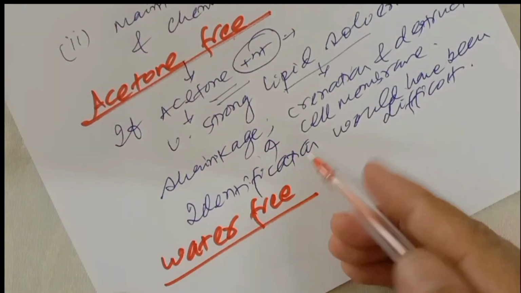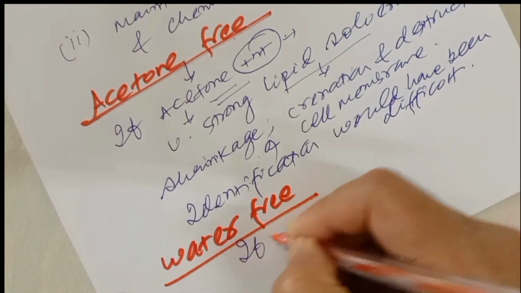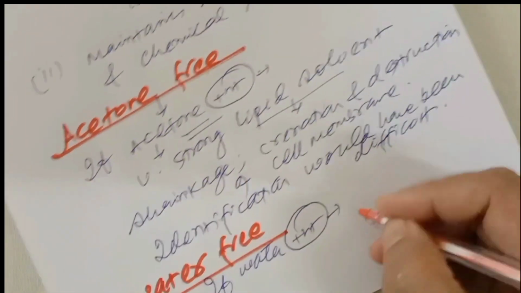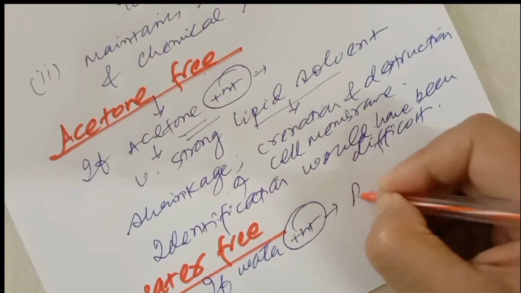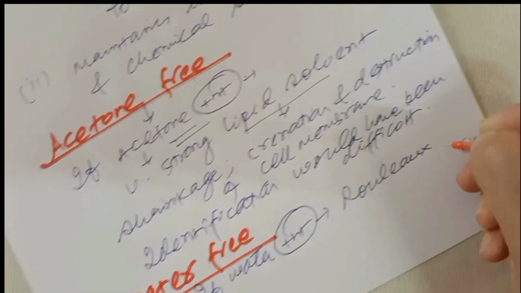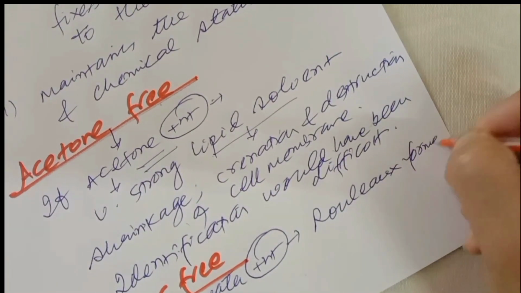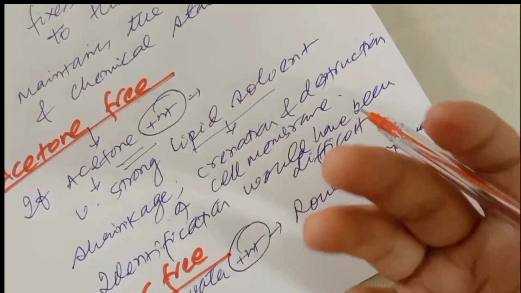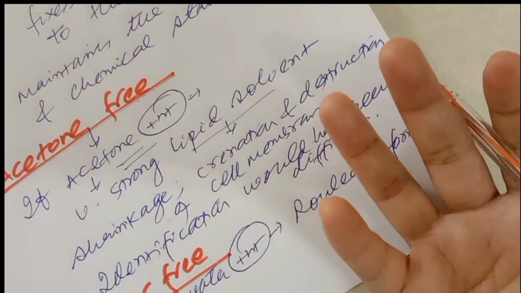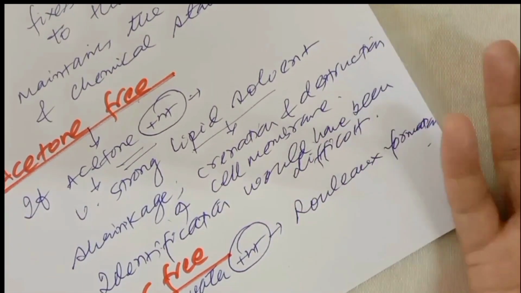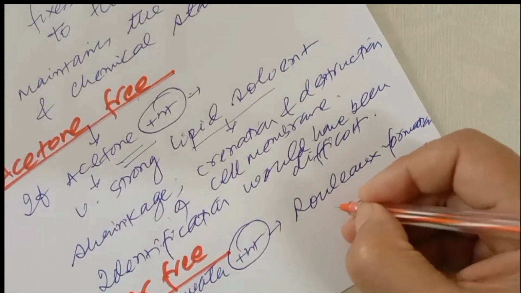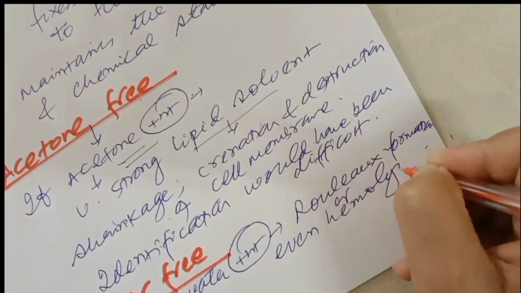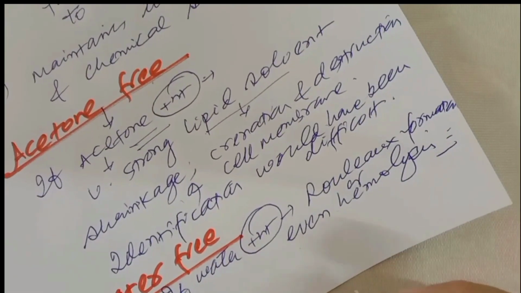If water were present, it would produce rouleaux formation, which means stacking up or piling up of the RBCs, gathering in one place. Or it may even cause hemolysis.